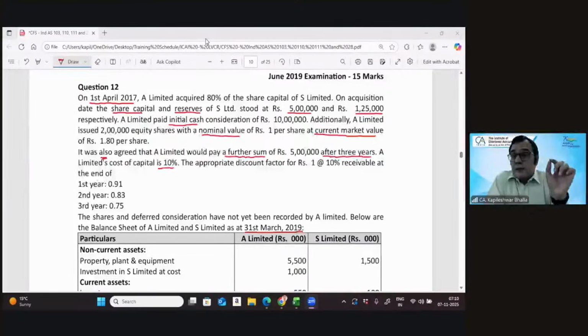I am not given any ifs and buts in the question. We're just simply given the information that this money is payable 3 years later. So what do you say? Is that a deferred consideration, DC, or is it a contingent consideration? Let's get that answer from you.